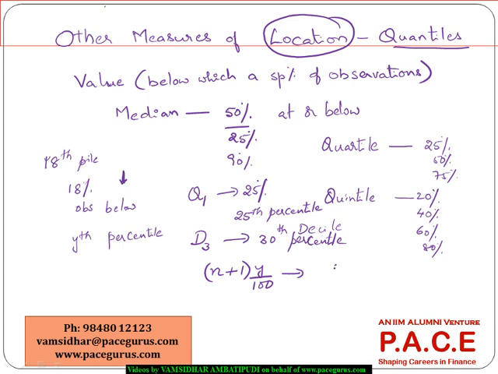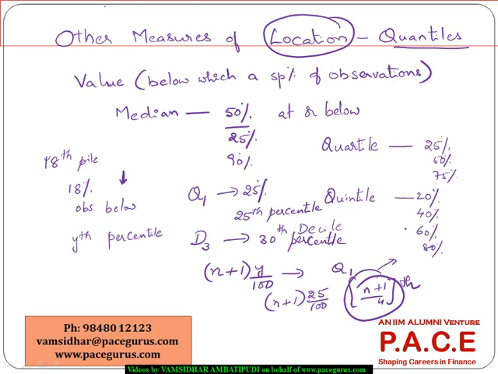So when I want Q1, it is the 25th percentile, so I write (n plus 1) times 25 by 100. So the (n plus 1) by 4th data point is my 25th percentile, once I have ordered the data in ascending or descending order. But now this could be an integer, or it may not be an integer. If this is an integer, straightforward.